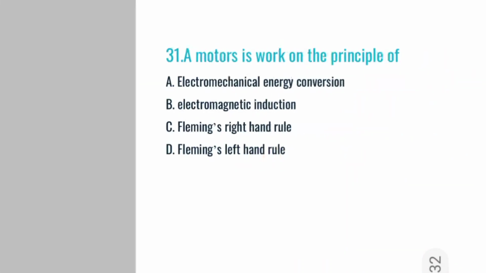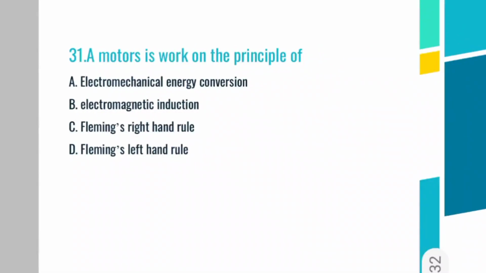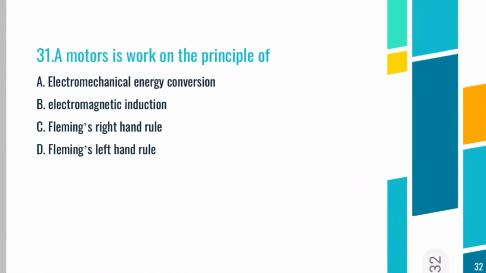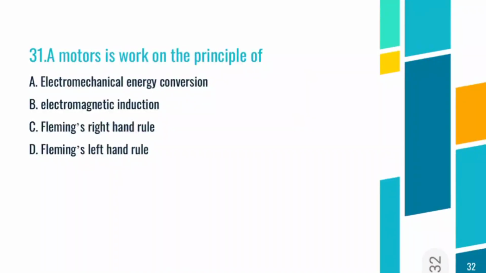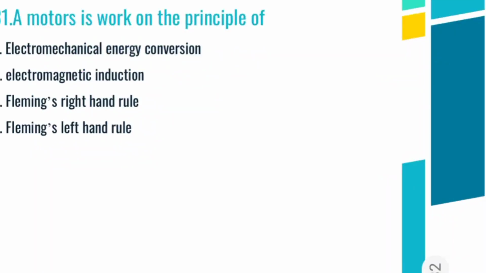Coming to the next question. A motor works on the principle of: A, electromechanical energy conversion; B, electromagnetic induction; C, Fleming's right hand rule; D, Fleming's left hand rule. Whenever a current carrying conductor is placed in a magnetic field, it experiences a mechanical force.